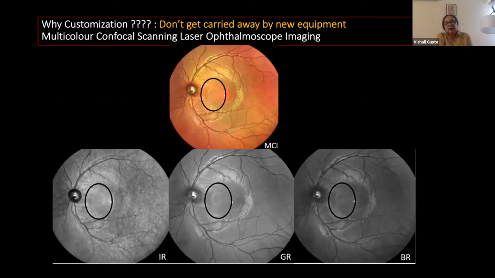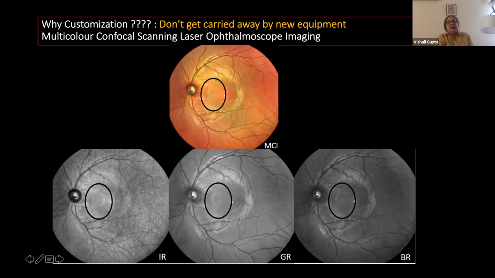I will show you a couple of examples why you need to customize. Now we all know we are moving in the era of confocal scanning laser ophthalmoscope imaging, and I'm sure most of the centers are getting away from true color imaging because most of the machines, and very expensive ones now, have pseudo color or multicolor confocal scanning images.